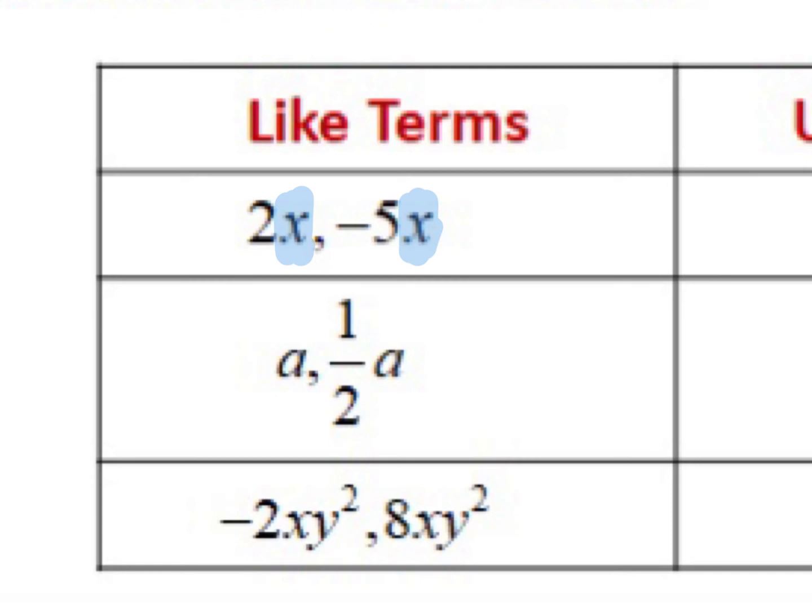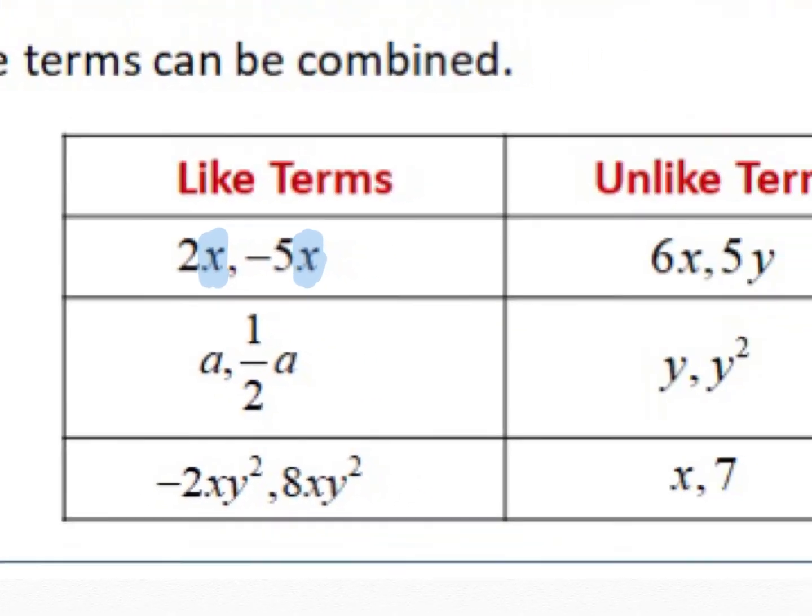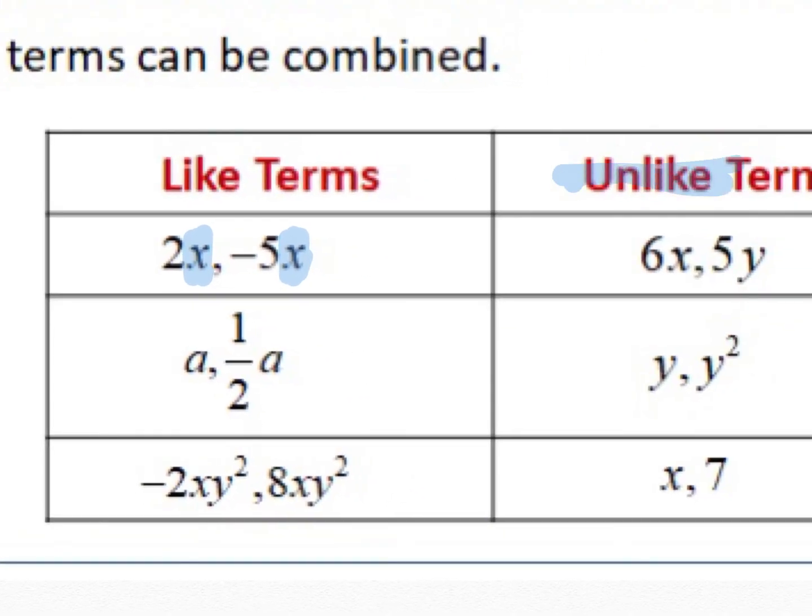If I had 6x and 5y, these are unlike terms because they're not the same variable. X and y are different. I can combine like terms. I cannot combine unlike terms. So again, for the second one here, I have a and a. So these are like terms. Even though the coefficient's different, the variables are the same, and that's what makes them like terms.